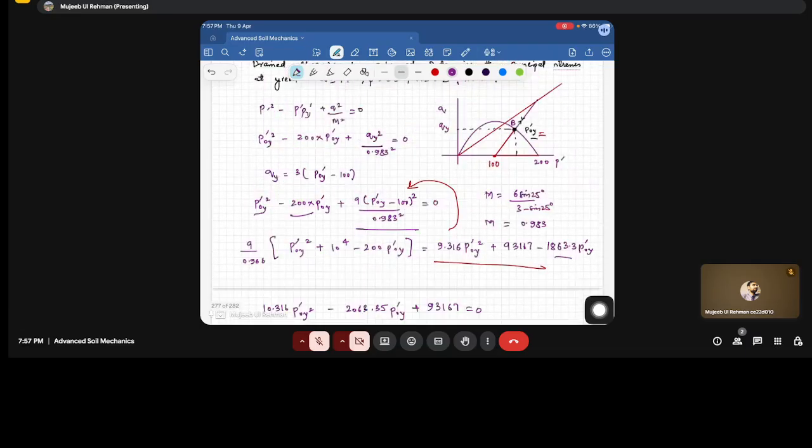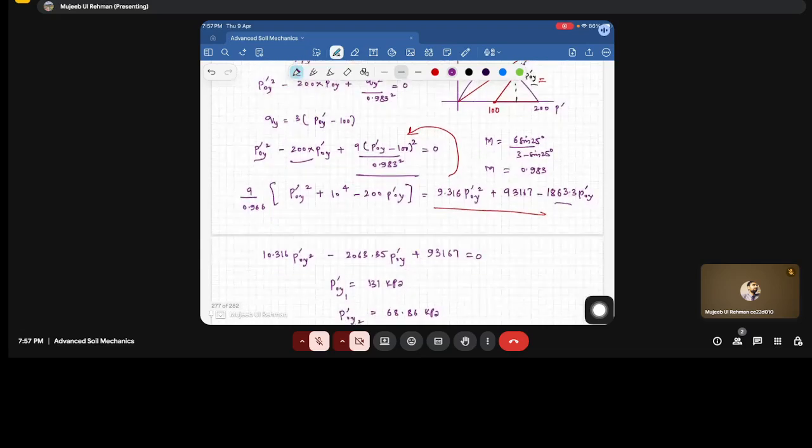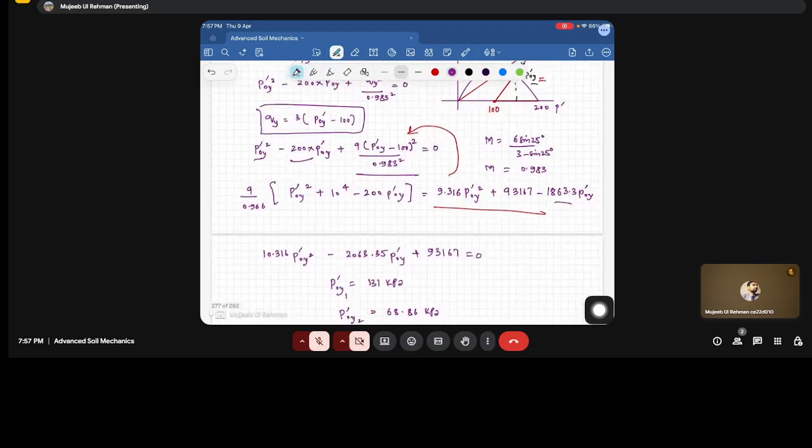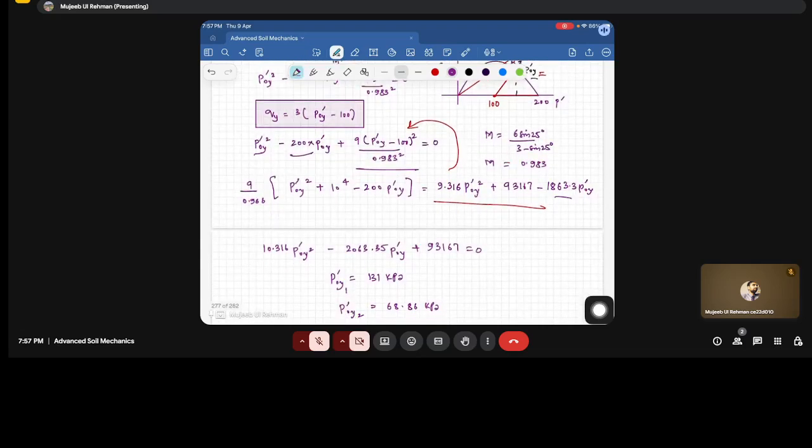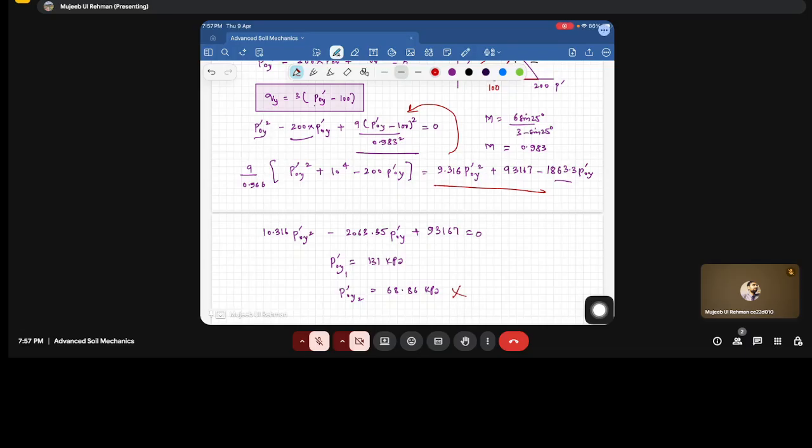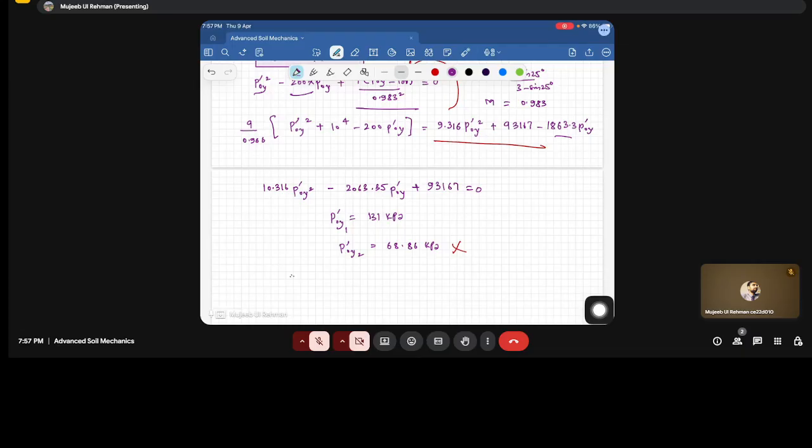If you use this Qy, fine. Now if P naught y dash is less than 100, Q will be negative. So we can't use this because our Q cannot be negative. It should be a positive term. Therefore P naught dash y is equal to 131 kPa.